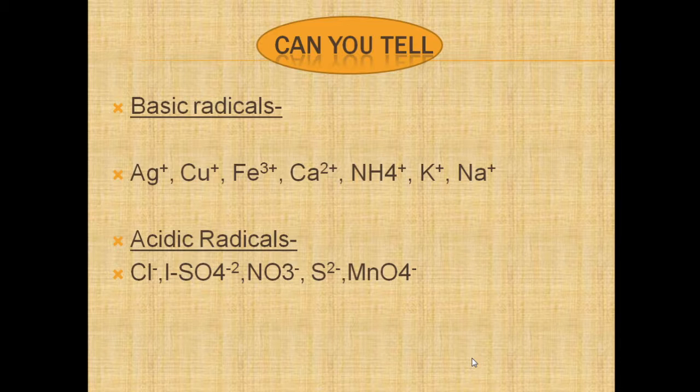These are basic radicals. And acidic radicals, negative charge ions, वो है Cl-, I-, SO4 2-, NO3-, S2-, MnO4-.